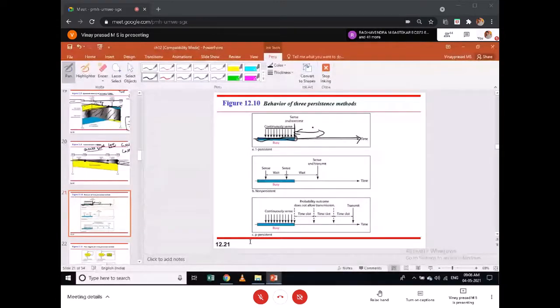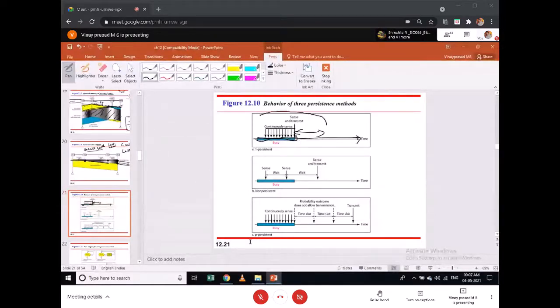Every station that has data to send on one common channel will sense the channel, and all will find it busy because someone is transmitting. Once the channel is idle, all the hosts will find it idle, and all of them will transmit at the same time. So obviously there will be a collision, right? This is the one-persistence method.